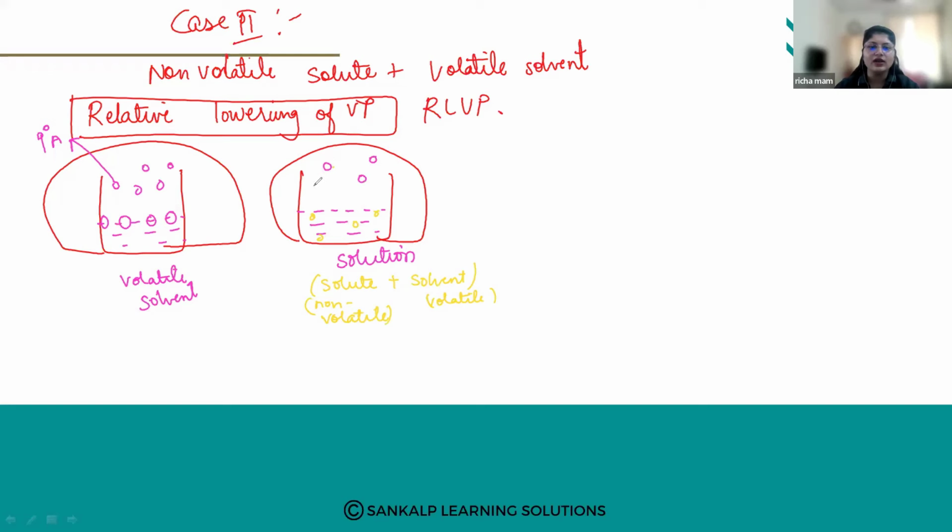Okay, so these vapors, how will I represent them? I'll represent them as PA because these are not in pure state, right? Why are they not in pure state? Because it is combined in solution, because solute is also present. And in which state will the vapors be more, in the pure state or in the solution state?